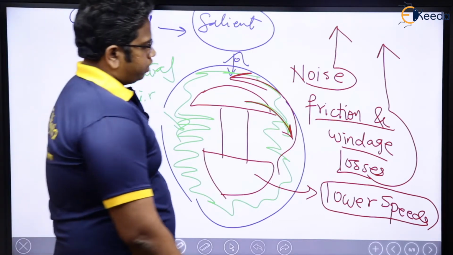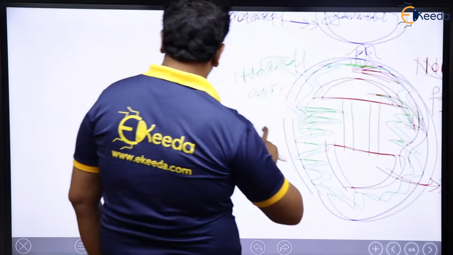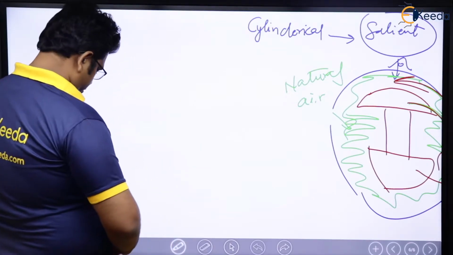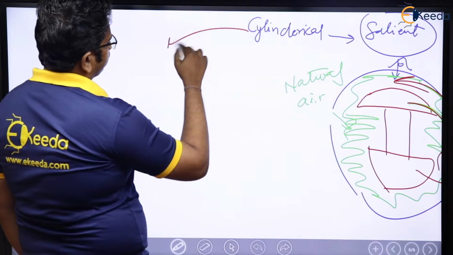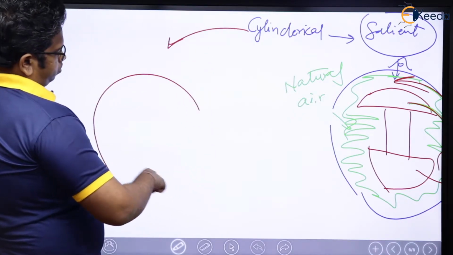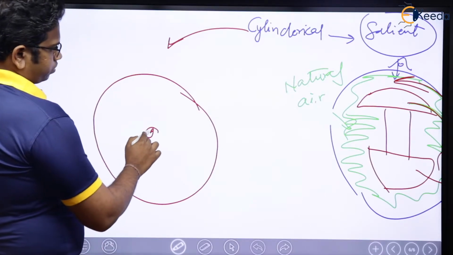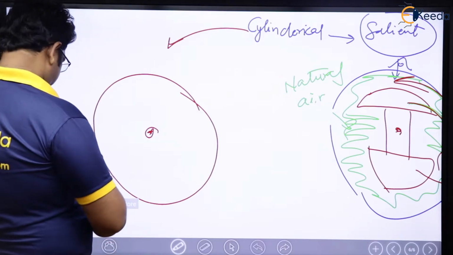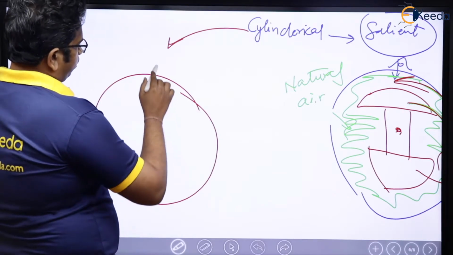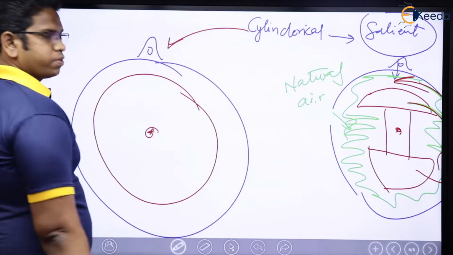Now, let us think of cylindrical. Let us say the cylindrical rotor is like this, right? Let me have the shaft key, and above this I have the stator.